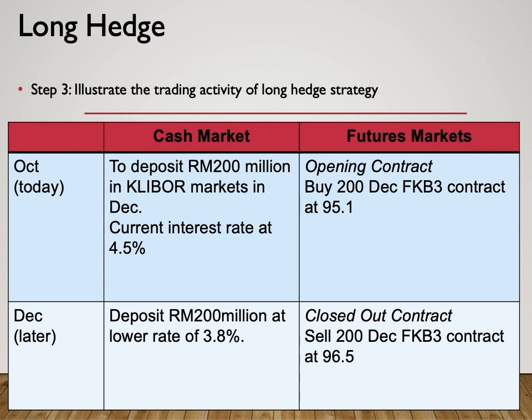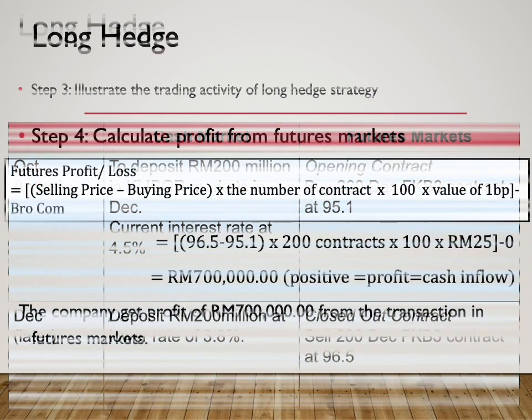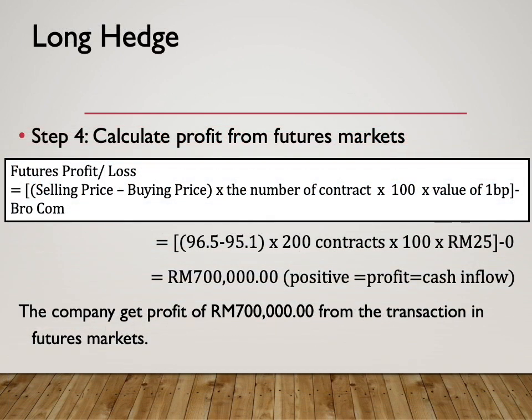Step number 4, you need to calculate profit from the futures market. The formula for profit and loss for FKB3 is selling price minus buying price times number of contracts times 100 times value of 1 basis point. Based on your previous hedging table, you sell futures contracts at 96.5 and you buy futures contracts at 95.1.